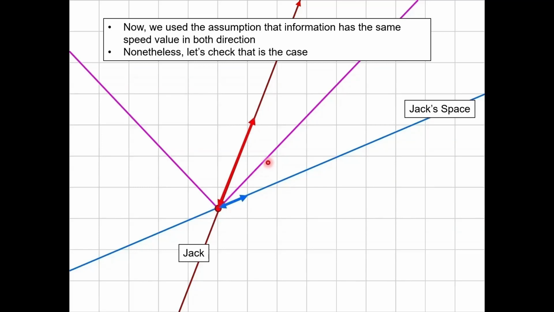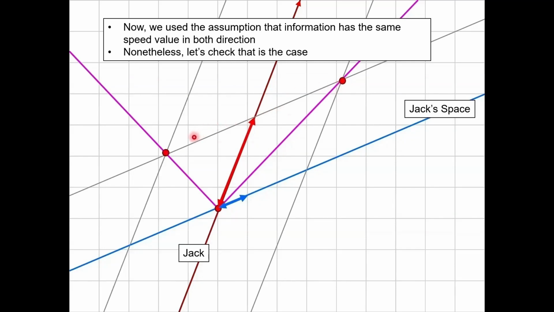Now we have these two information tracks that start at this point on Jack's world line, and let's see where they are after 1 second. So this information track is at this point, and this information track is at this point.